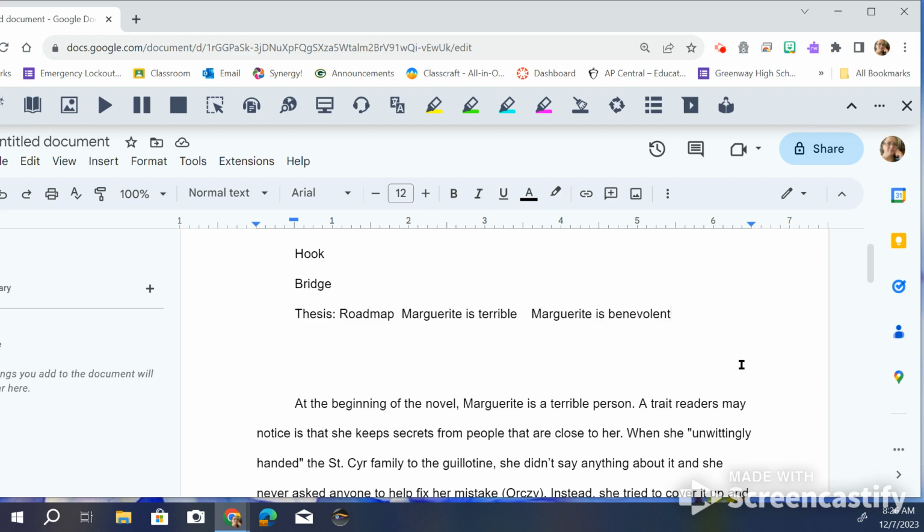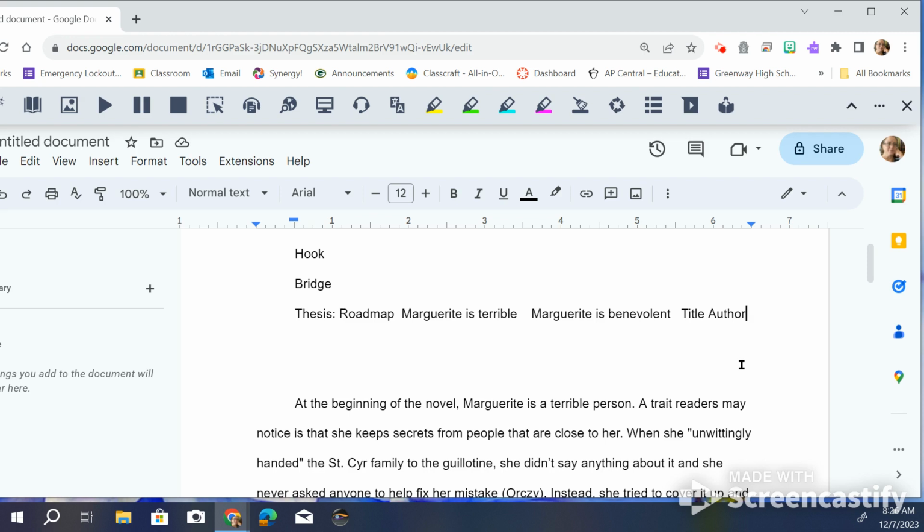So, if you're writing about literature, you also must include the title and the author. But the order in which you do those things is up to you. So, I might have something like, in Baroness Orczy's The Scarlet Pimpernel, Marguerite goes from being a terrible person to a benevolent one.